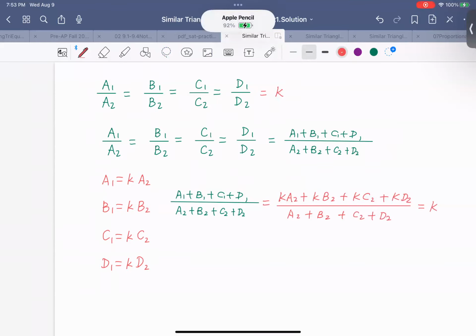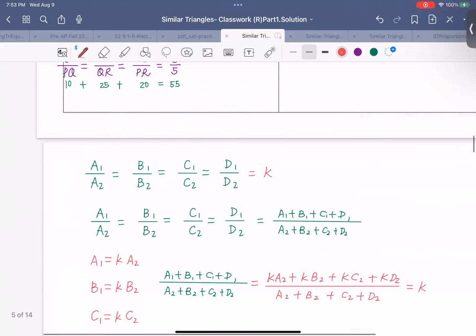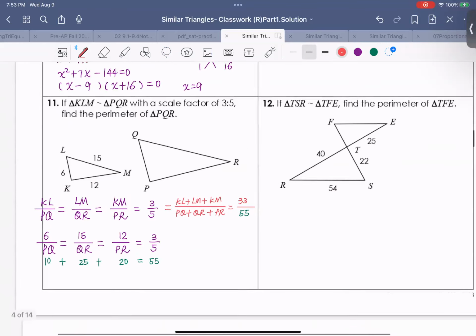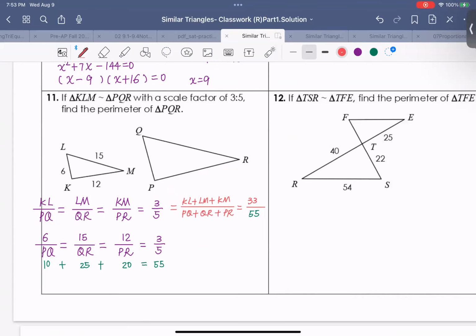Okay? That makes sense? So this is the background to support our red method. This is the background to support this to be true. Okay?